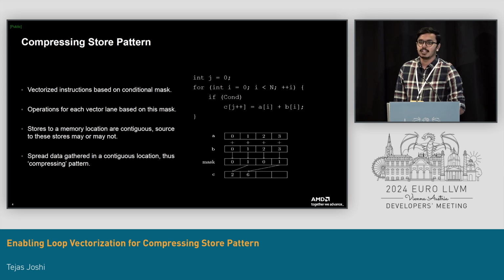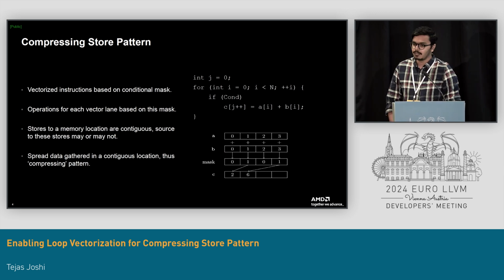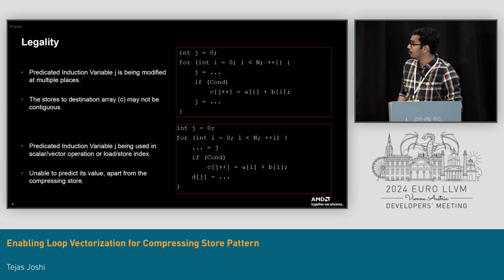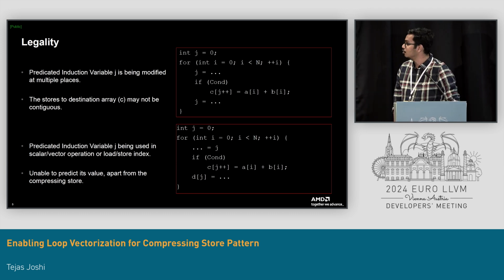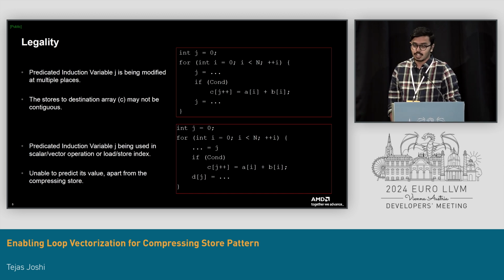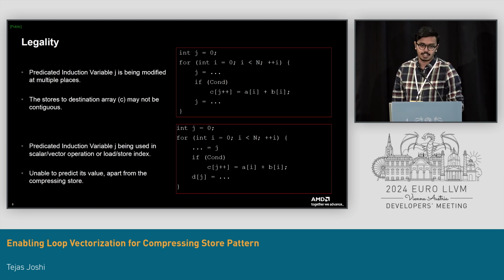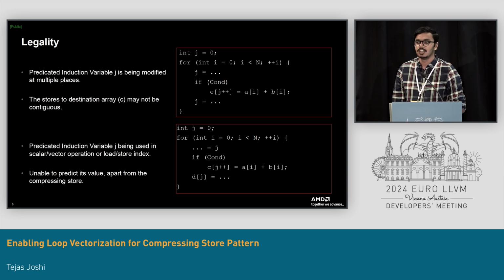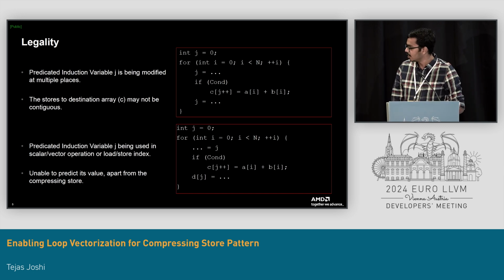So how do we enable it in the LLVM vectorizer? Before that, let's check when it is legal to do so. The first case is pretty obvious. If J is being written apart from its increment in the conditional block, the value of J is being changed, which means the store to C may or may not be contiguous. So it's not exactly a compressing store pattern, and obviously we shouldn't do this. The next case is pretty tricky.